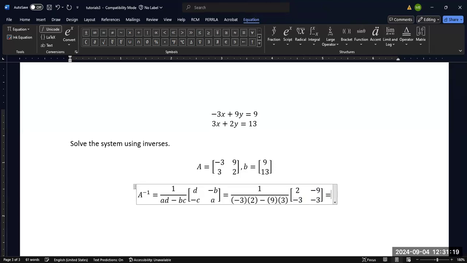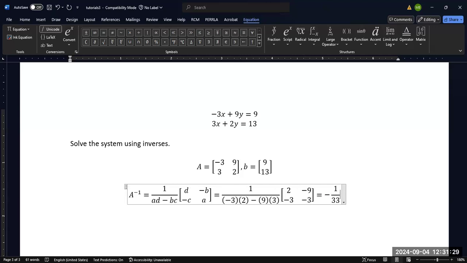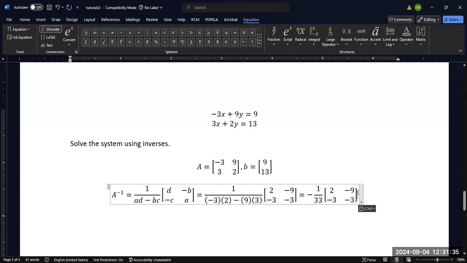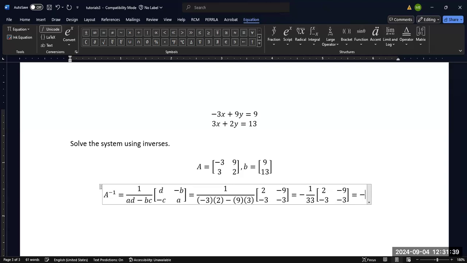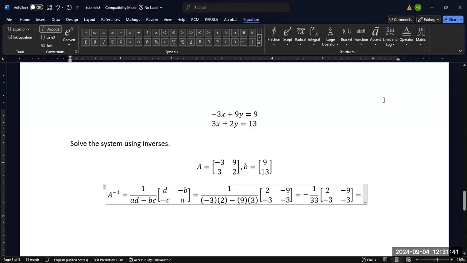And if we simplify, -6 minus 27 is going to be 1 over -33. And then if we distribute, we're going to end up with -2 over 33.